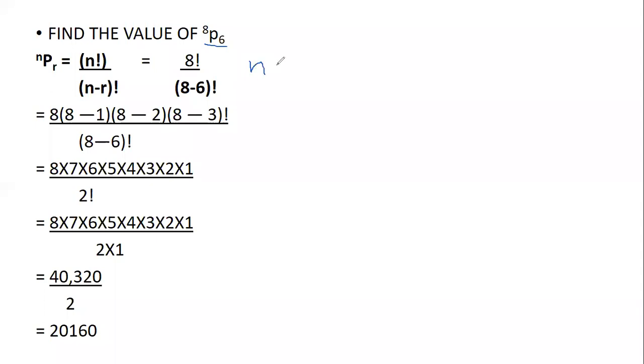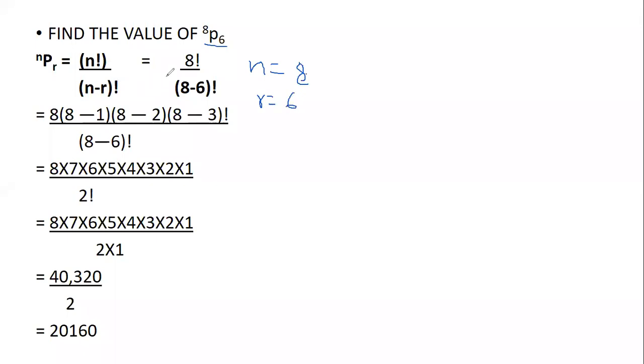Can anybody tell me what is n? 8. Students, I want everybody to answer. Be attentive. Understand and answer. What is n? n is 8. Okay, and what is r? r is 6.